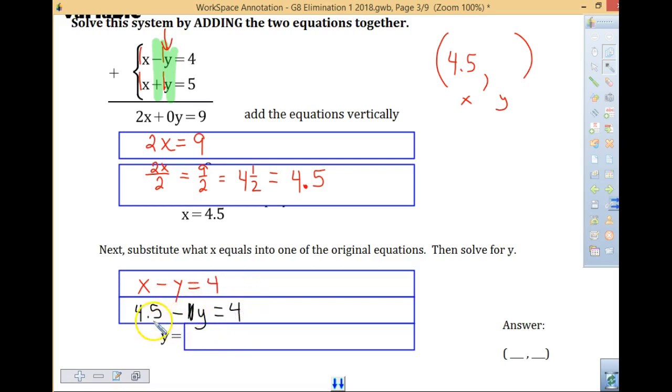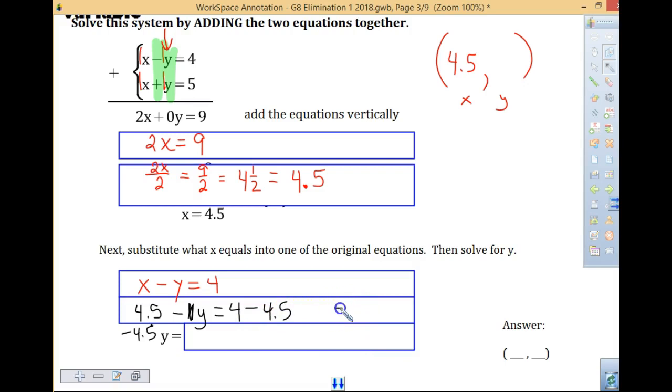If we are trying to get rid of this 4.5 on both sides, Janessa, what do I have to subtract to get rid of 4.5? I have to subtract 4.5, right? So back behind this 4, please put minus 4.5.